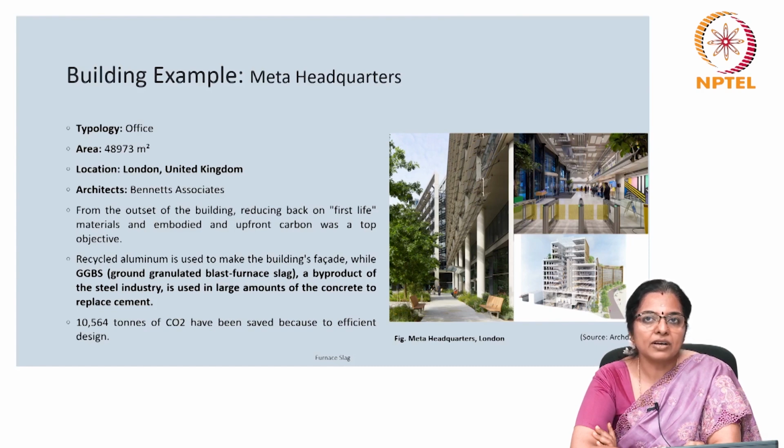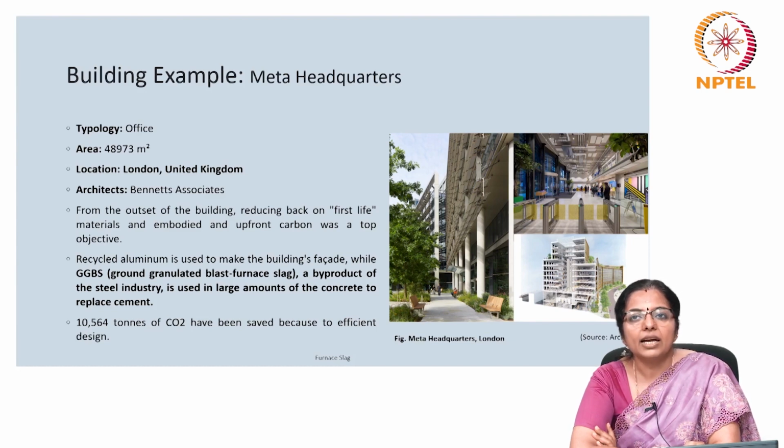It exemplifies a commitment to sustainability from the project's inception itself, with a focus on reducing the use of first life materials and minimizing embodied carbon. The architects incorporated recycled aluminum for the facade, contributing to resource efficiency and eco-friendly construction.